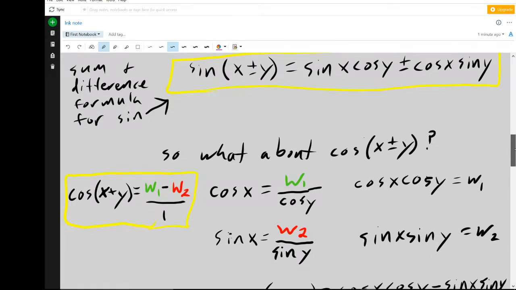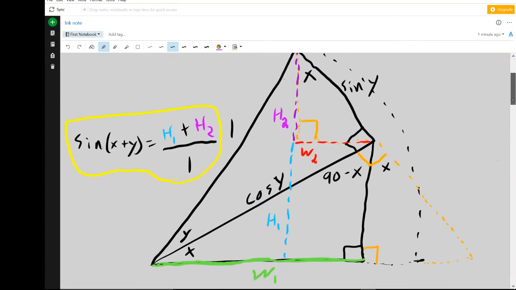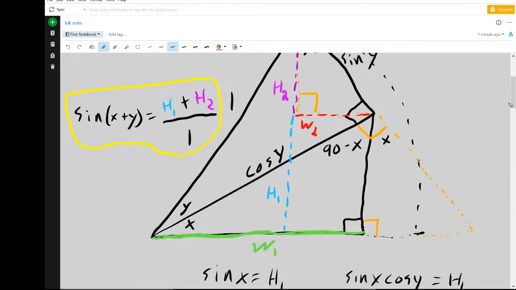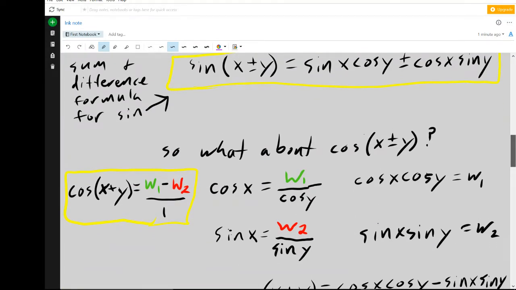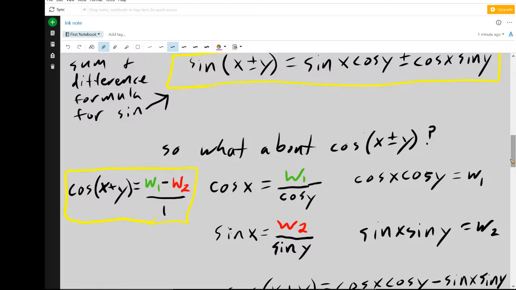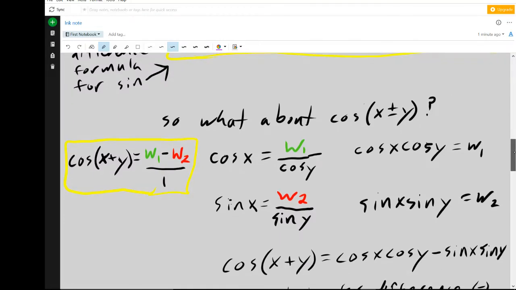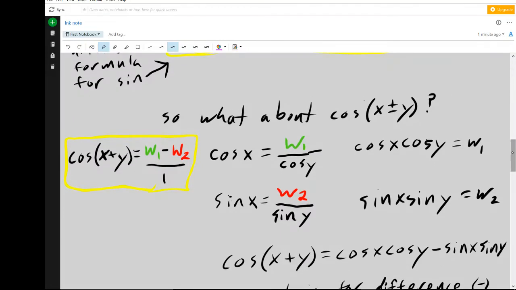Well, we're going to basically take a similar strategy. The cosine of x is w1, the green, over cosine y. When we do that, we can multiply both sides by cosine y to get width 1 by itself. Just like we did with the other one, we can't really use the bottom left to find the W2.